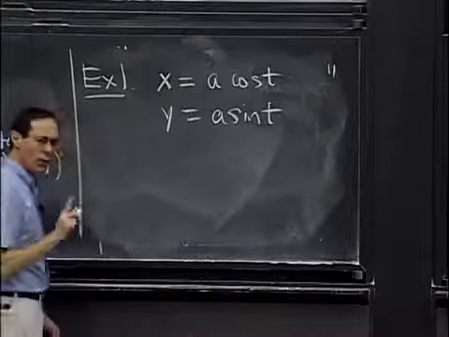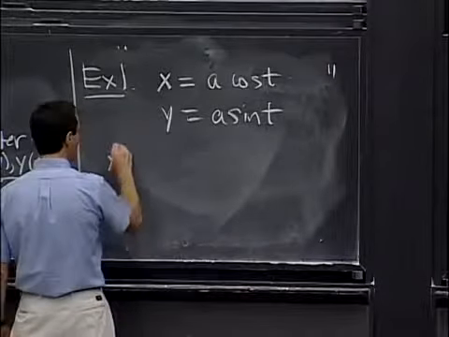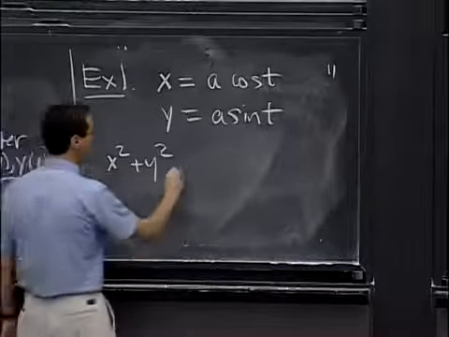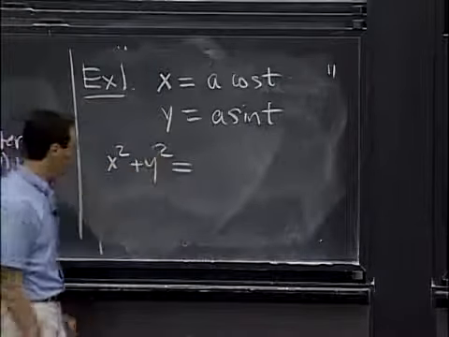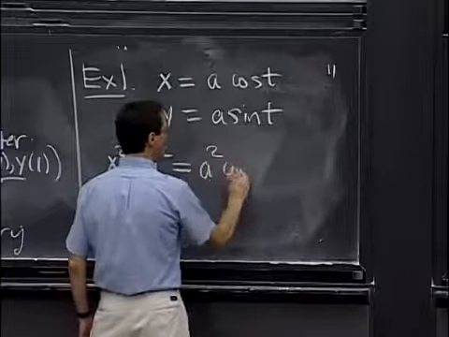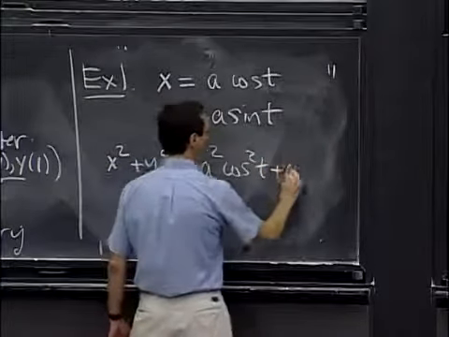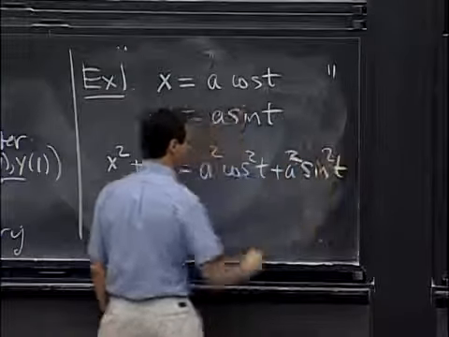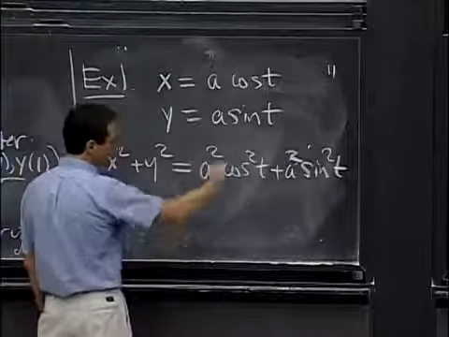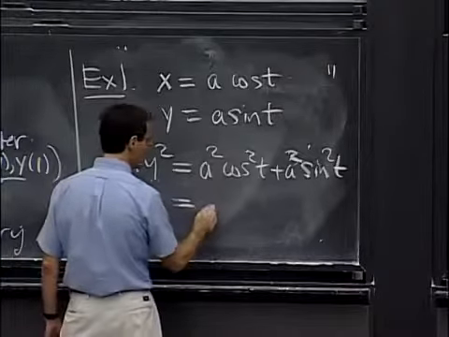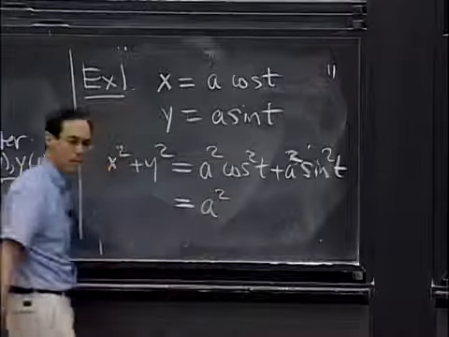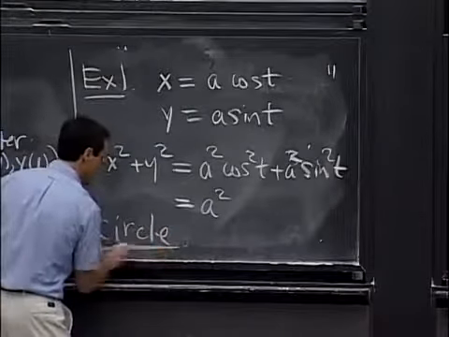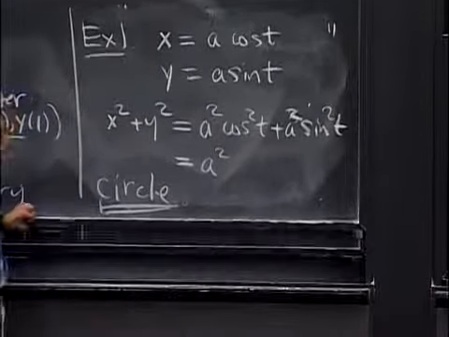So we recognize that if we square and add, so we add x squared to y squared, we're going to get something very nice and clean. We're going to get a squared cosine squared t plus a squared sine squared t, which is just a squared times cosine squared plus sine squared, or in other words, a squared. So lo and behold, what we have is a circle.